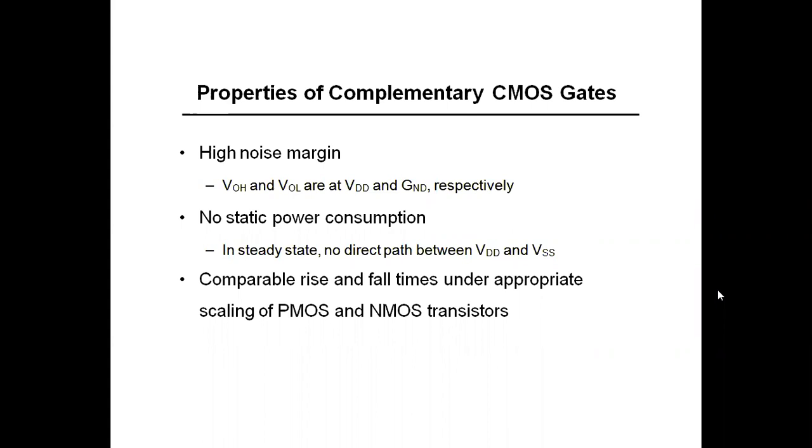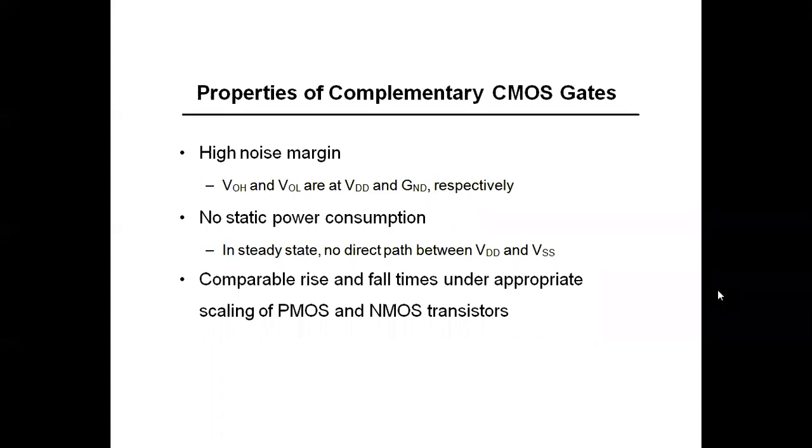The reason is very simple. In a steady state response, if you observe that VTC curve, there is no direct path between VDD and VSS. Why is there no direct path?